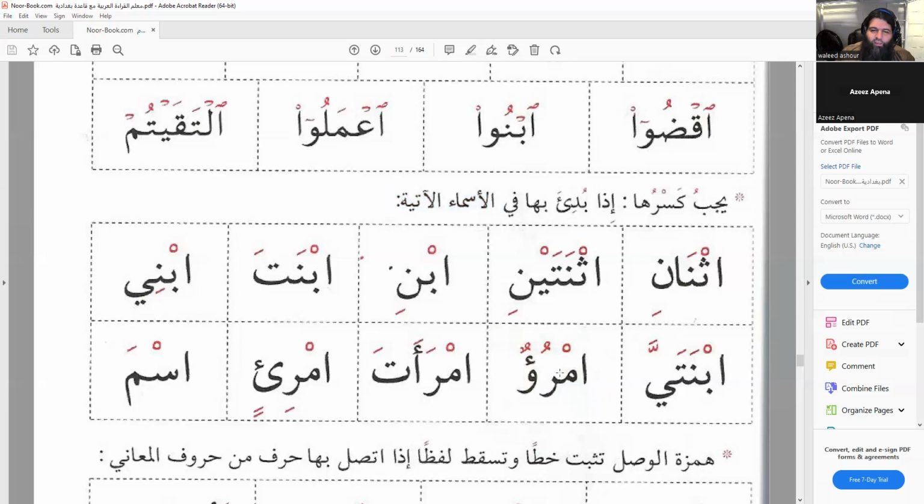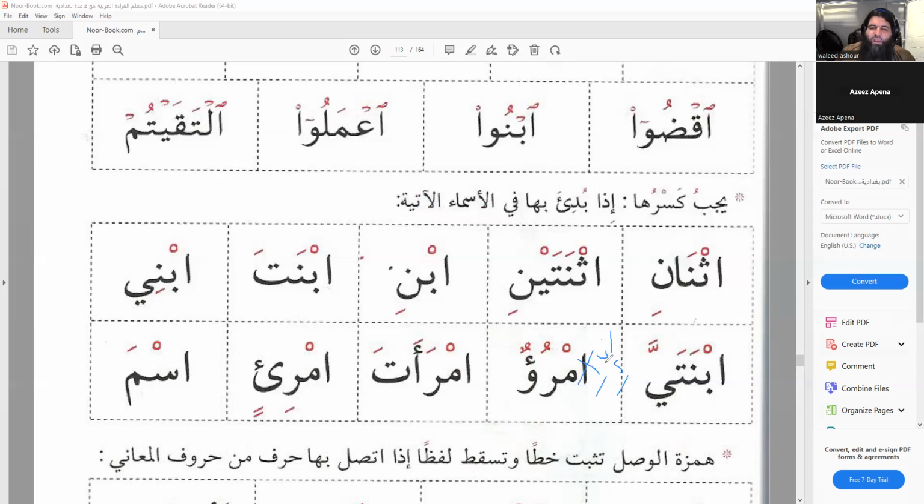Because this word in the Quran, the word before it is in. So you're always going to say in imru'un as if there's no hamzatul wasl.